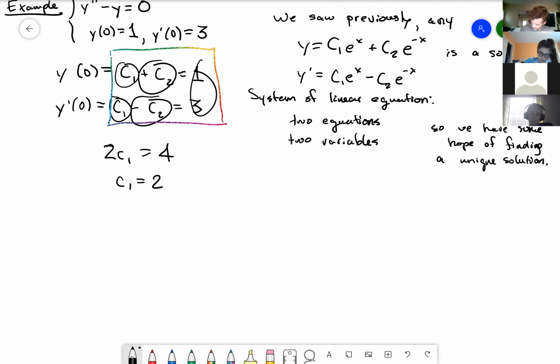But going back to this equation right here, I get 2 plus c2 is equal to 1. So of course, c2 is equal to minus 1. And lo and behold, we have our c1 and c2. So we have a solution, and that is y of x is equal to 2 e to the x minus e to the minus x.